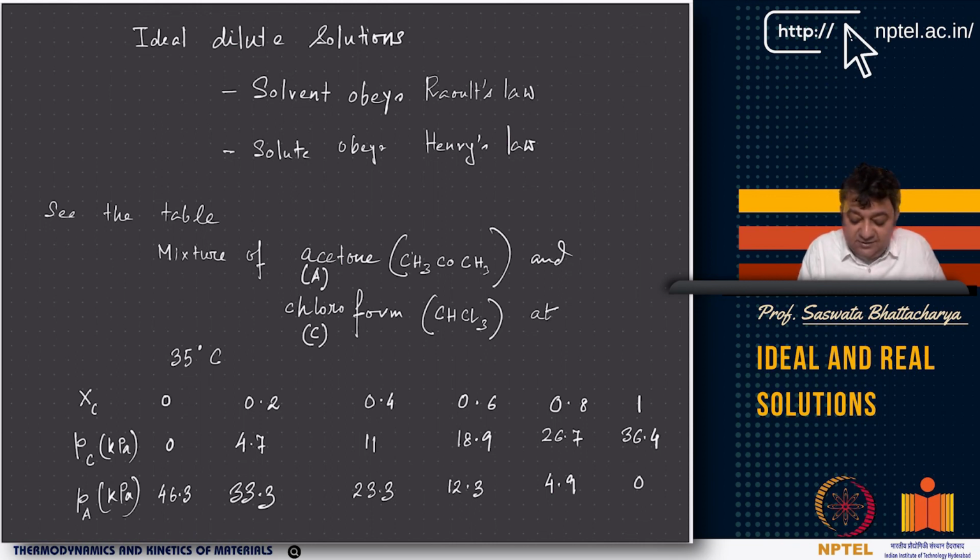Initially when X equals 0, it is pure acetone with vapor pressure 46.3, then it became 33.3 when you have 0.2 chloroform or 0.8 acetone, then 0.6 acetone, 0.4 acetone, 0.2 acetone, and 0 acetone, where the partial pressure goes to 0.